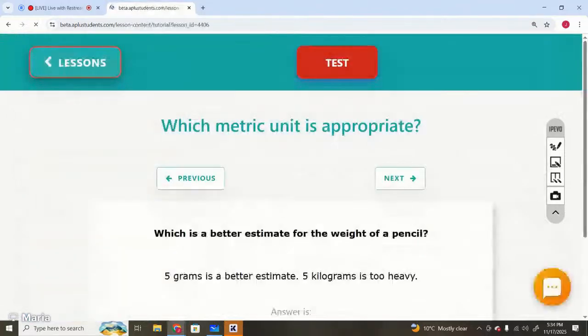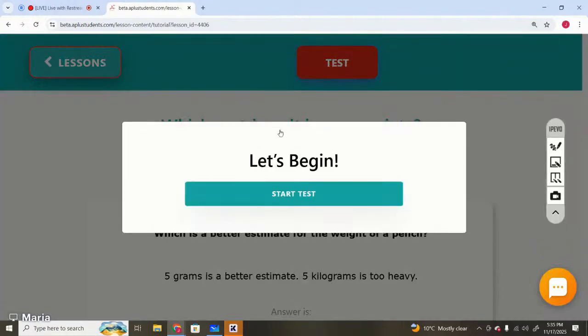Which metric unit is appropriate? Okay, let's just start with the test questions.